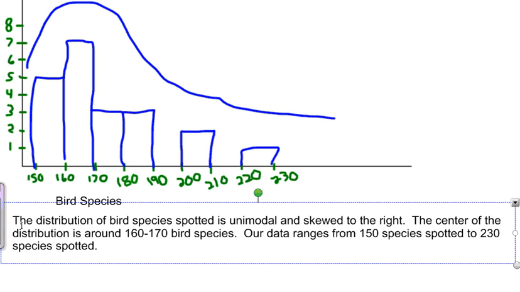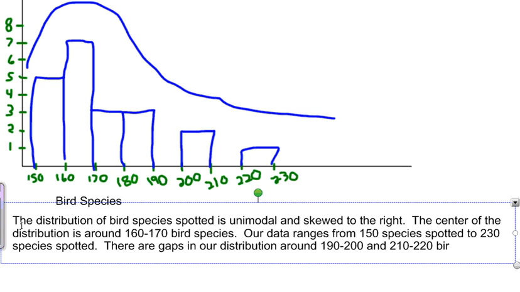There are no major unusual features or outliers, things that don't match our data, but there are some gaps. So there are gaps in our distribution around 190 to 200 and 210 to 220 bird species.